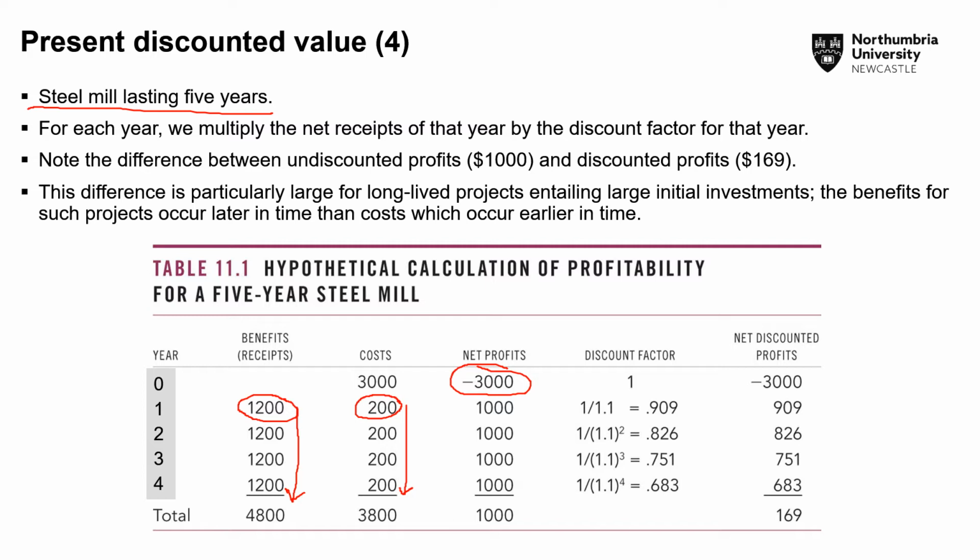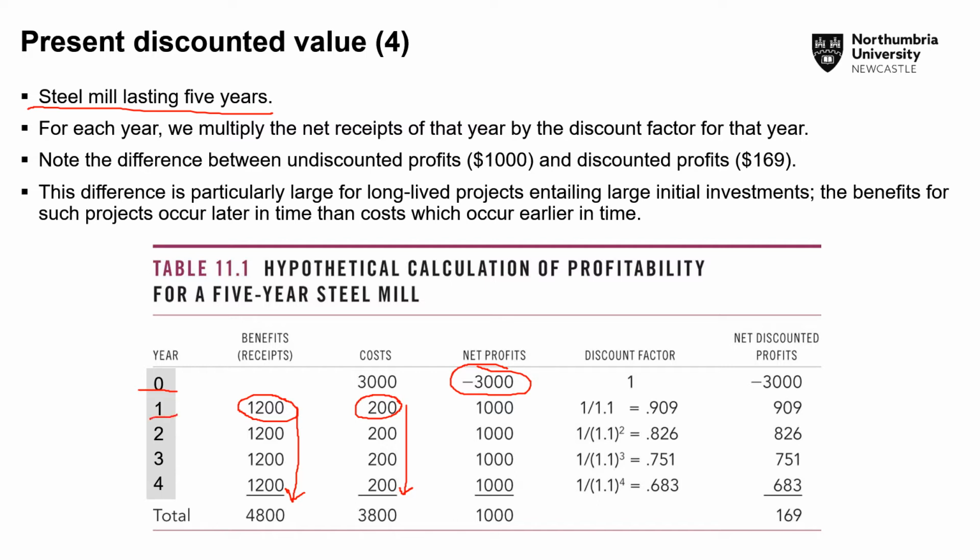Now we start using our discount factors in order to calculate our present value of cash flows associated with this project. So what is the discount factor? The discount factor is 1 for today, which we call, let's say, year 0. Why? Because we would be raising the denominator to the power of 0.